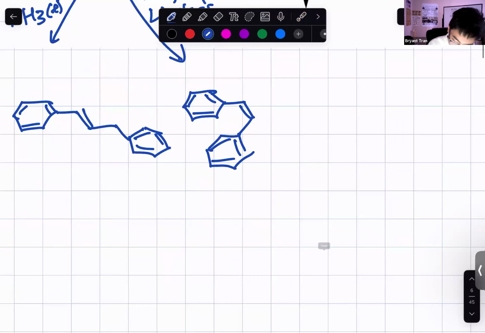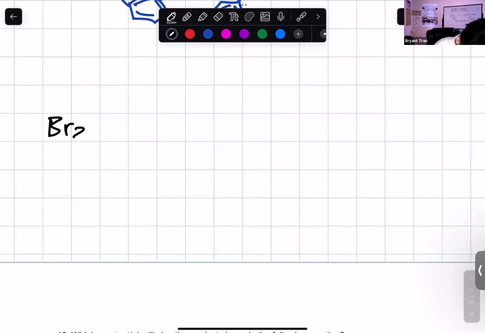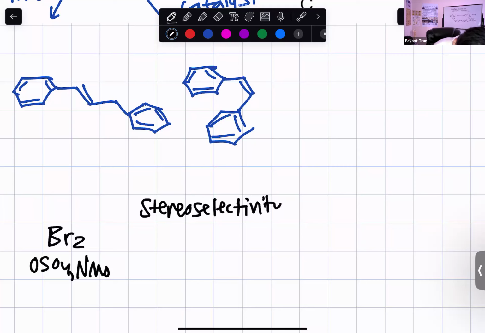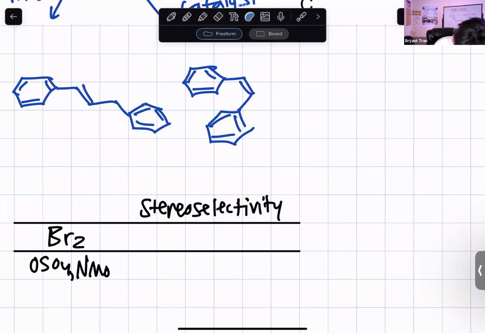So if I were to summarize those two reactions, Br2 and OsO4, in terms of stereoselectivity, the Br2 reaction would be anti-addition, whereas the OsO4 reaction would be syn addition.